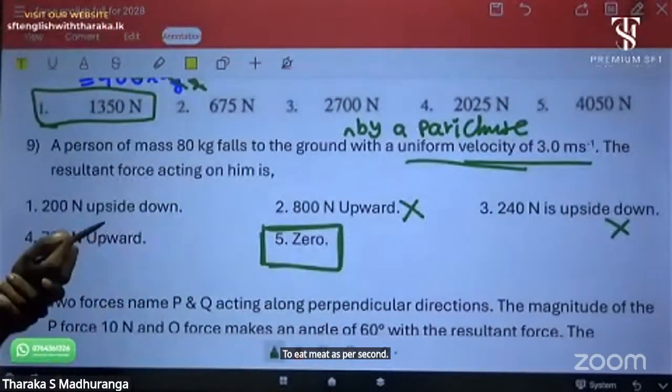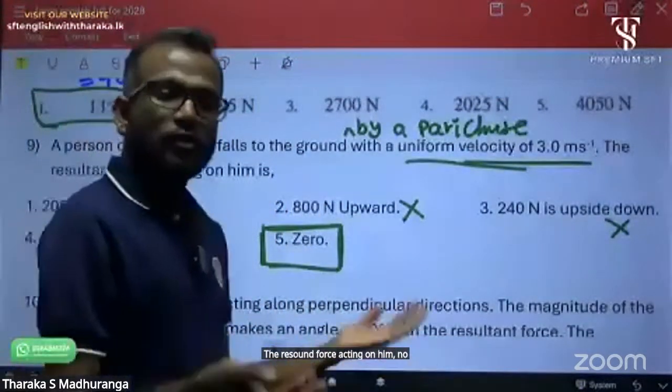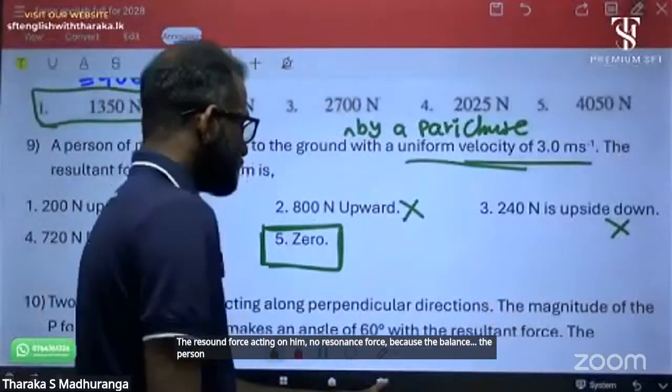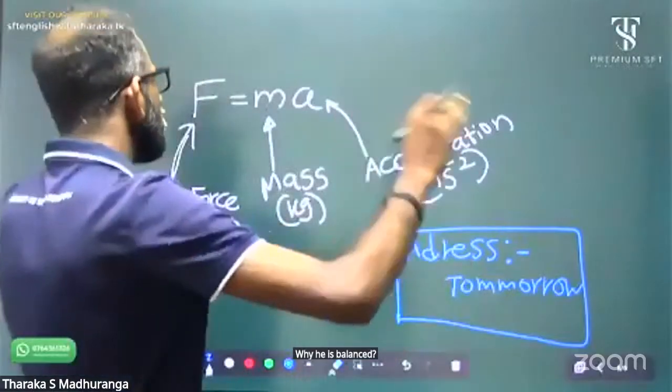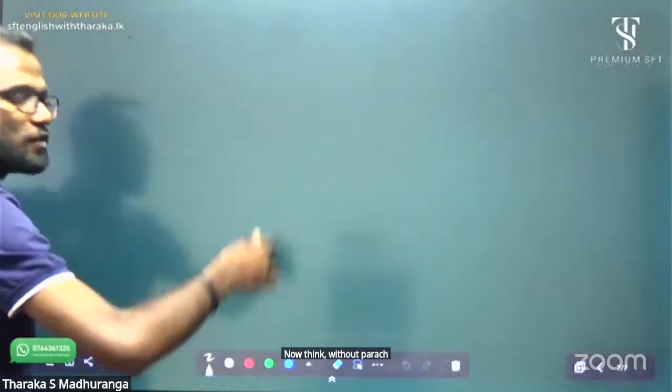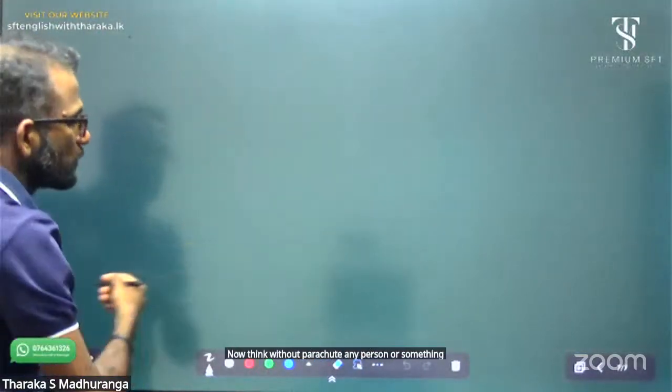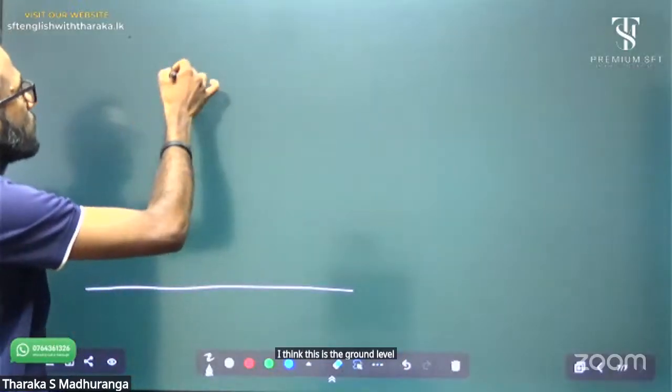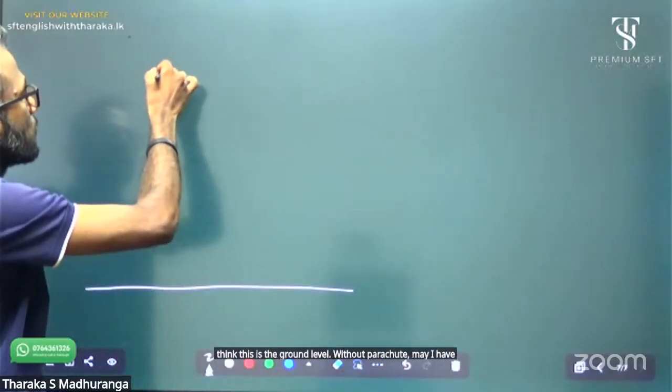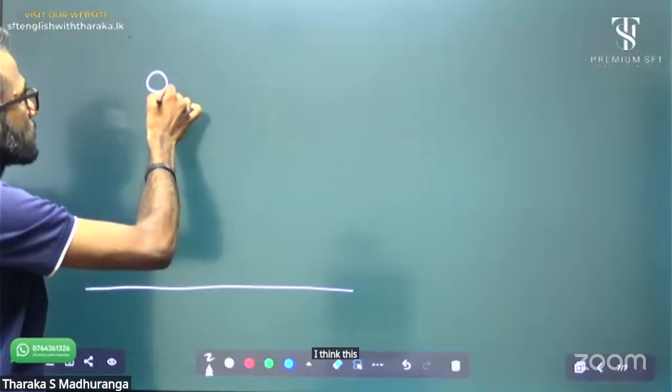The resultant force acting on him: no resultant force, because the person is already balanced. Why is he balanced? Now think without a parachute, any person or something falling to the ground. Think this is the ground level. Without a parachute, think this is a person.